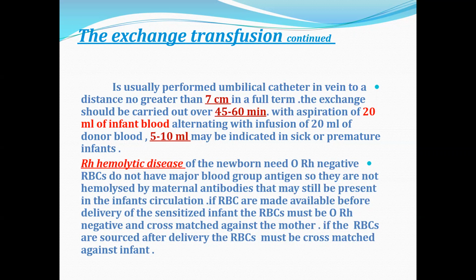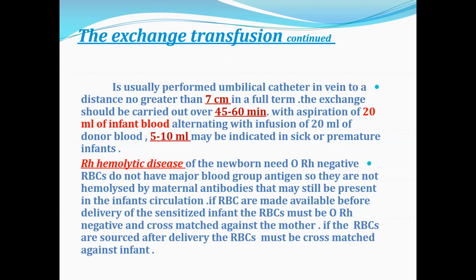The exchange should be carried out over 45 to 60 minutes, collectively speaking 1 hour, with aspiration of 20 ml of infant blood alternating with infusion of 20 ml of donor blood. So from the start, we aspirate 20 ml of infant blood and then give 20 ml of the donor blood to the infant.